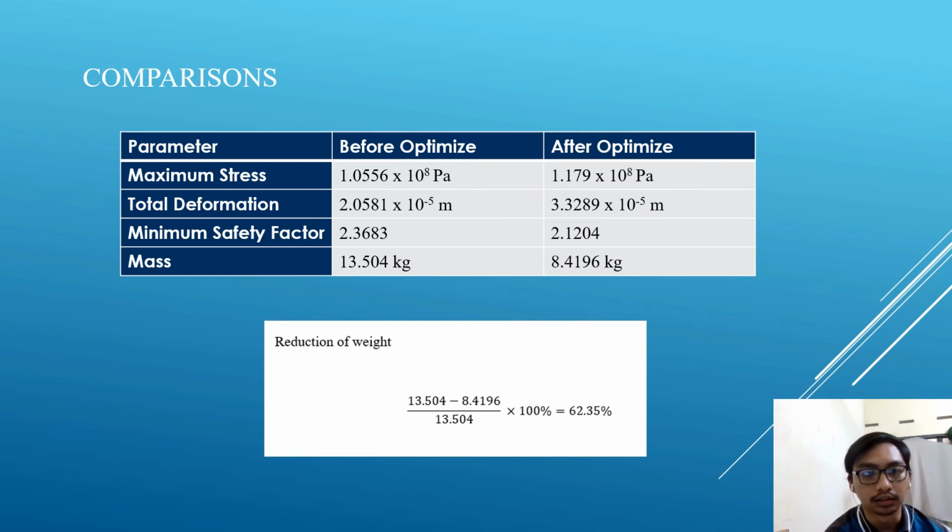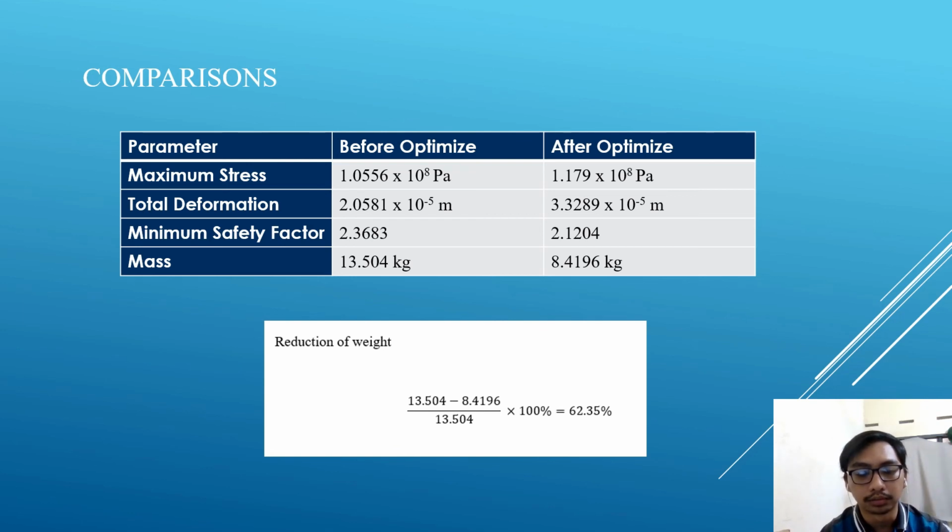And this is the results comparison. From this table we can see that the maximum stress after optimization increased slightly compared to before optimization. The same goes for the total deformation, where we can see a slight increase.